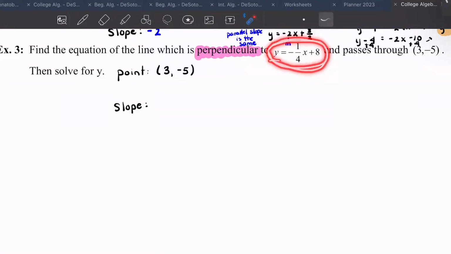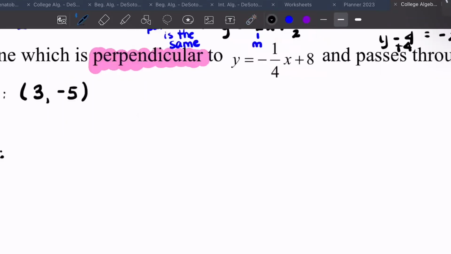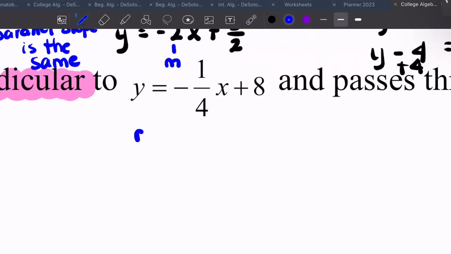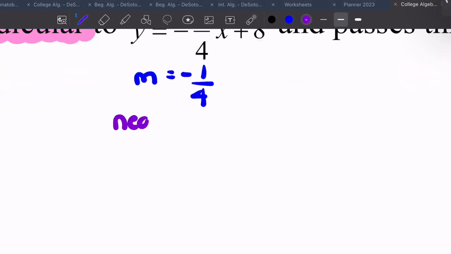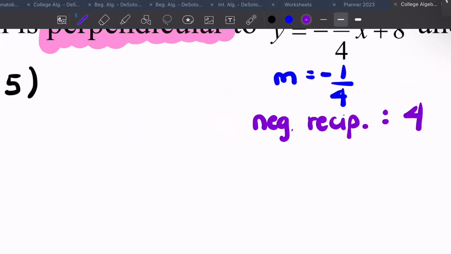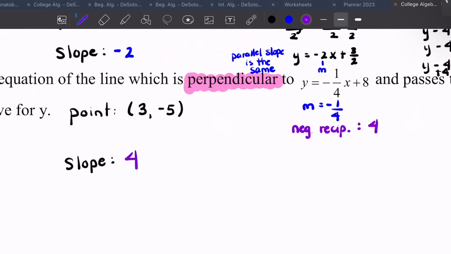Our negative reciprocal, opposite reciprocal, same thing. Okay, so here our slope is negative 1/4. Okay, the negative reciprocal would be positive, and then we flip 1/4 over and we get 4. Okay, so our slope would be 4.